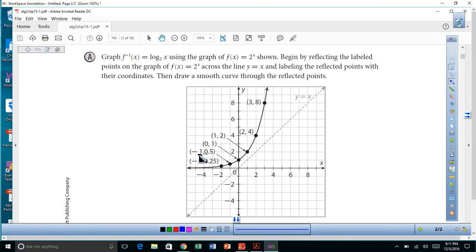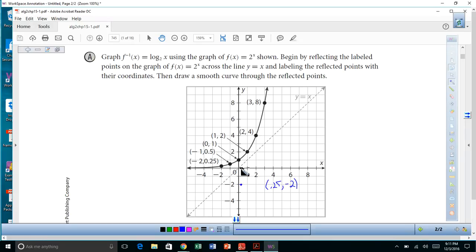So we've got negative 2, 0.25. So that's going to become 0.25, negative 2. And then next we have negative 1, 0.5.